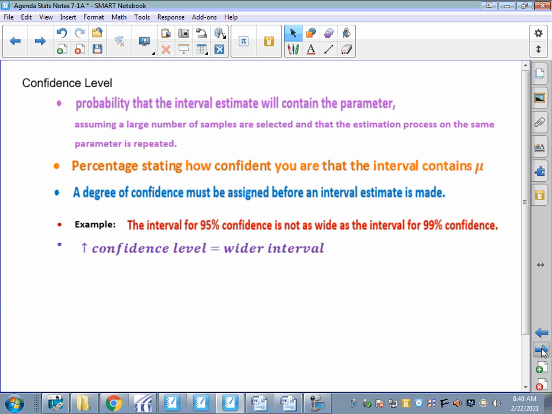I'm only 50% confident that your number is between 25 and 75. So as I increase my confidence level, I have to increase my interval because I have to have more room for error in there.